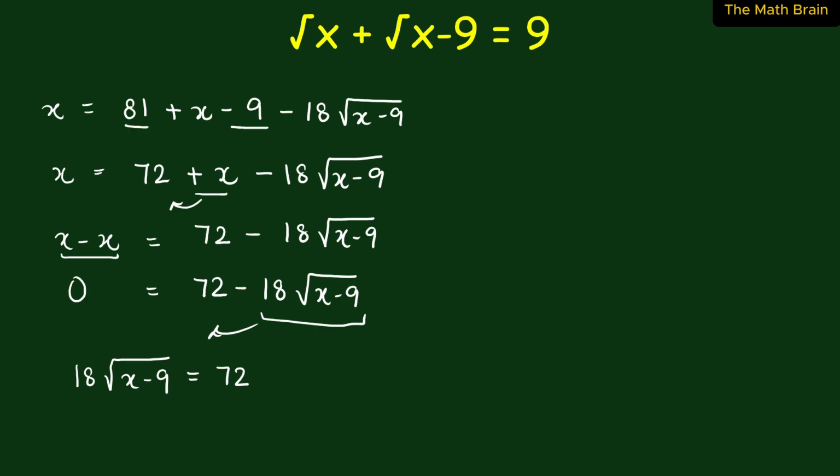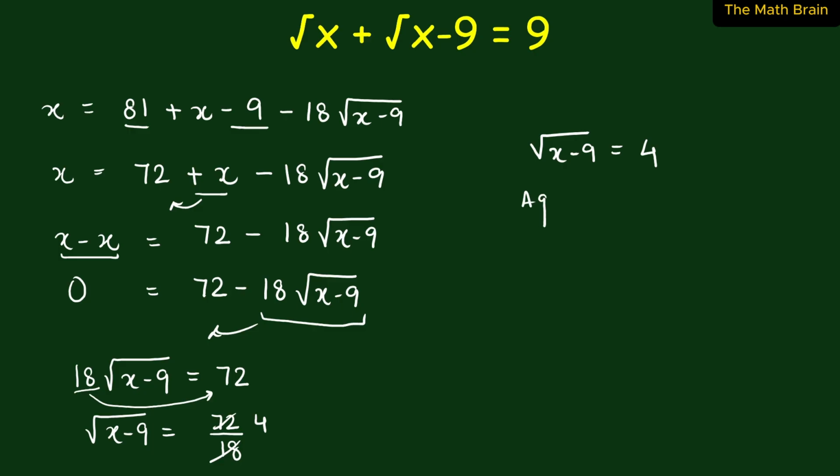Now this 18 will go to the right hand side and we will get √(x − 9) is equal to 72 divided by 18. So 18 fours are 72. We are left with √(x − 9) is equal to 4.